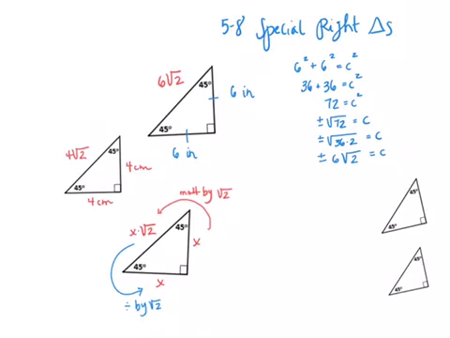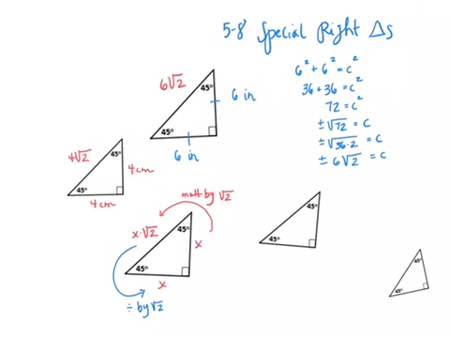So let's take, for instance, another one of these triangles, and let's say that the hypotenuse is 3 root 2. If we were to move backwards to a leg, we would say that it would have to be 3 root 2 divided by root 2.